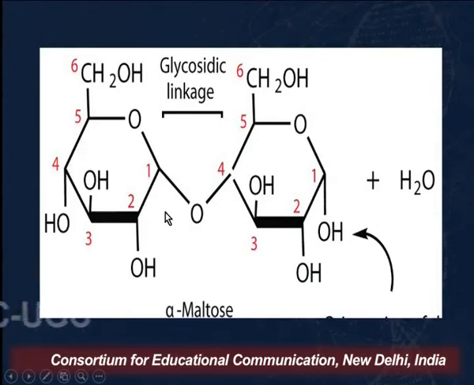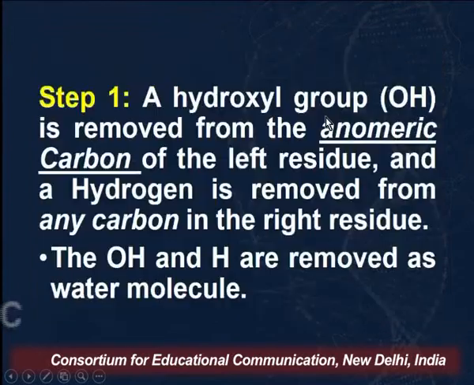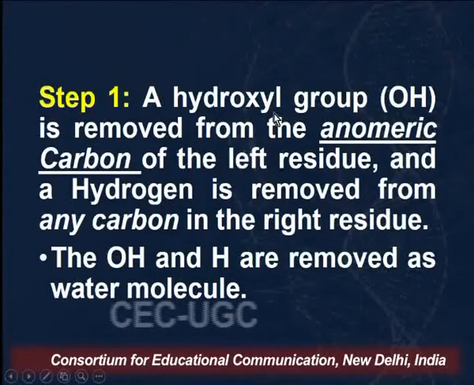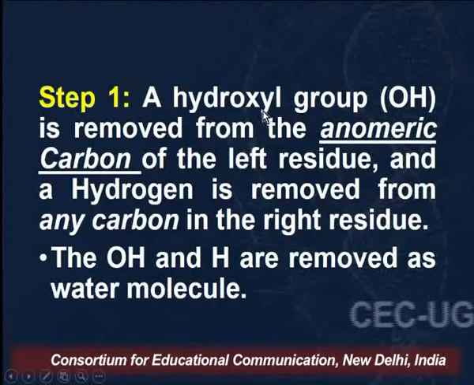We are calling this molecule alpha maltose because here the OH at the hemiacetal group is on the lower side of the plane of the ring, or we can say that CH2OH and OH are on the opposite side. So now let us see how this glycosidic linkage is being formed.